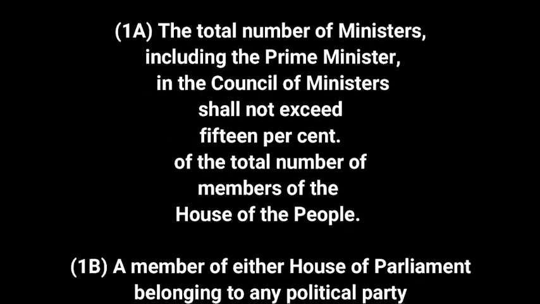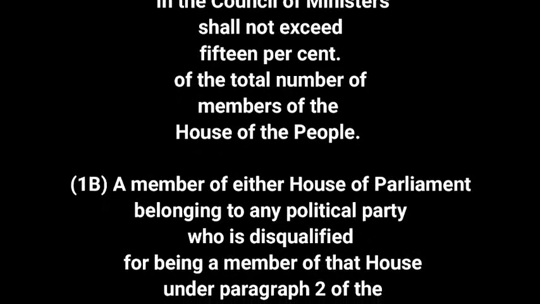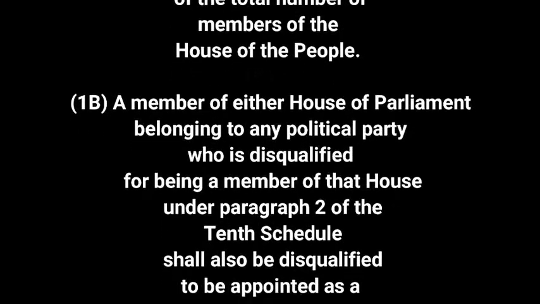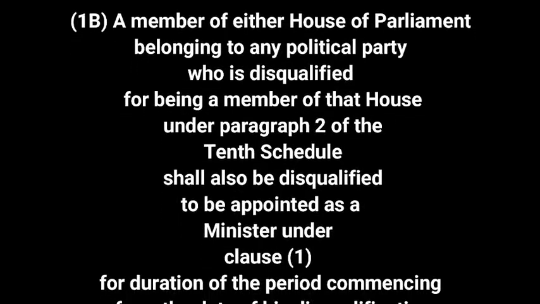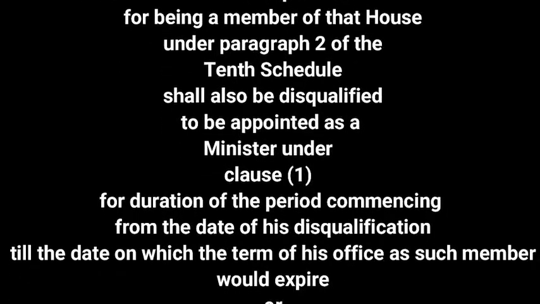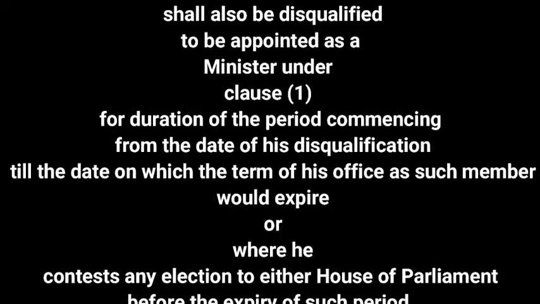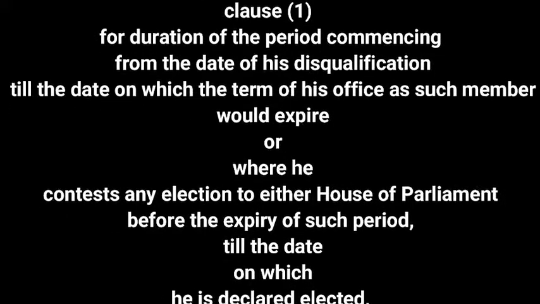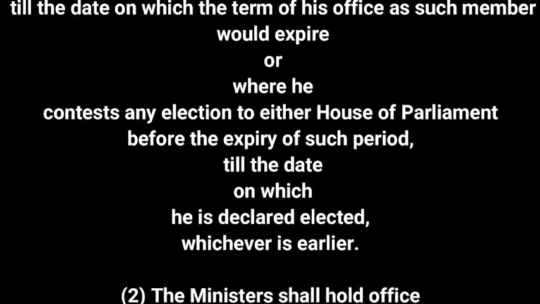A member of either House of Parliament belonging to any political party who is disqualified for being a member of that House under paragraph 2 of the Tenth Schedule shall also be disqualified to be appointed as a minister under clause 1 for the duration of the period commencing from the date of his disqualification till the date on which the term of his office as such member would expire, or where he contests any election to either House of Parliament before the expiry of such period, till the date on which he is declared elected, whichever is earlier.